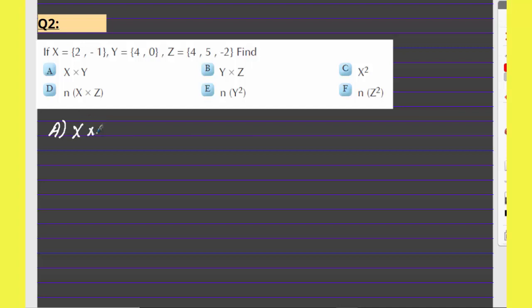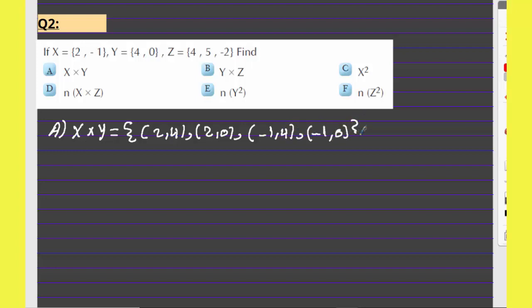X cross y equals, here we have x and y, so we write first the ordered pair 2 and 4, then 2 and 0, negative 1 and 4, negative 1 and 0. 4 ordered pairs.